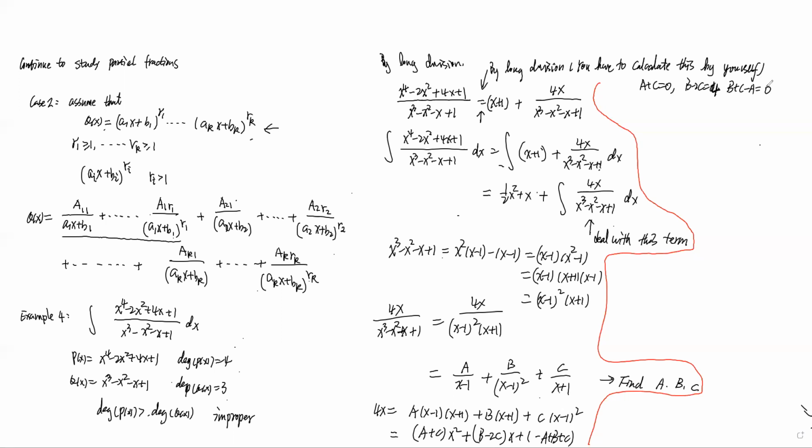So solving these linear equations, we have A is 1, B is positive 2, C is negative 1.